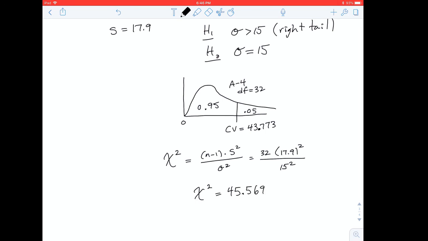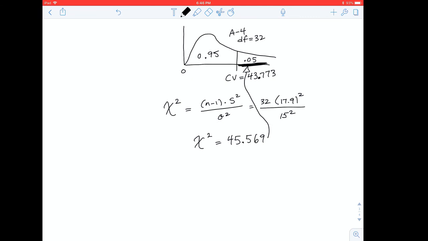And this one actually makes it into the critical region because a 45 would land to the right of 43.773. All right, good. We finally proved something.